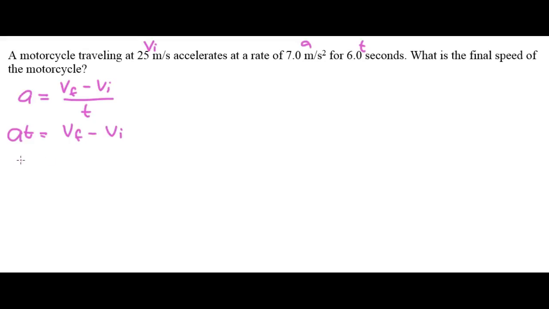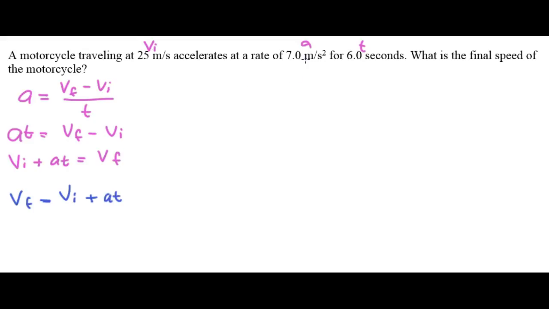So if we add initial velocity to both sides, we should get final velocity, because initial velocity take away initial velocity is 0. So this is our final formula here: final velocity equals initial velocity plus acceleration multiplied by time.